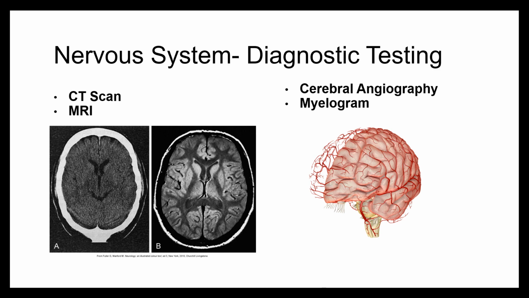Cerebral angiography is a diagnostic test that can be done if they suspect vascular lesions or tumors. This is a process done very similar to a cardiac catheterization or coronary angiography, as you would have talked about in previous classes. So they're going to insert the catheter into the femoral artery.